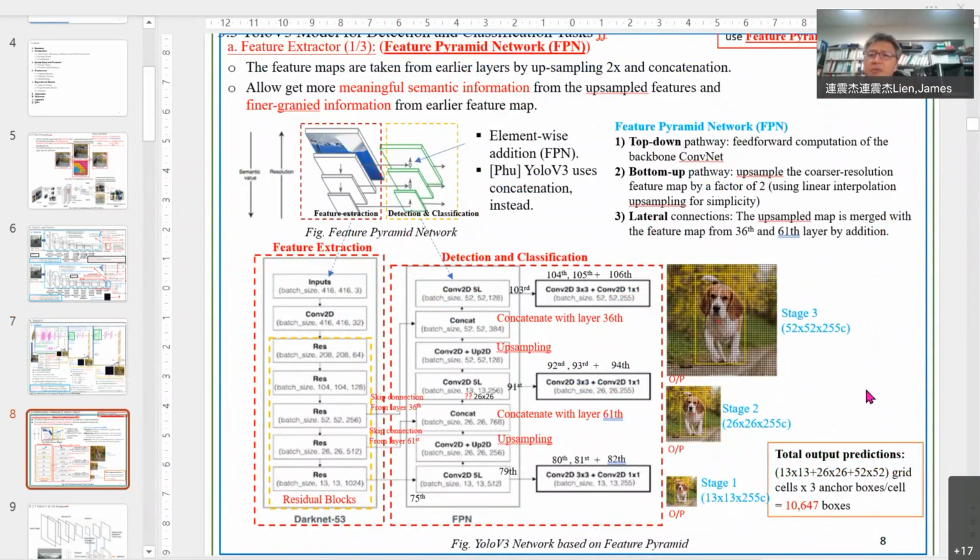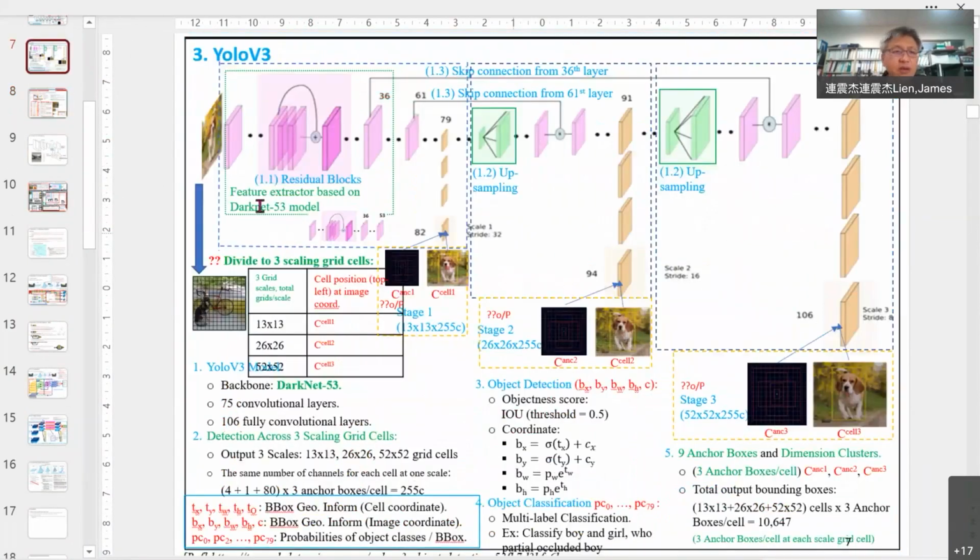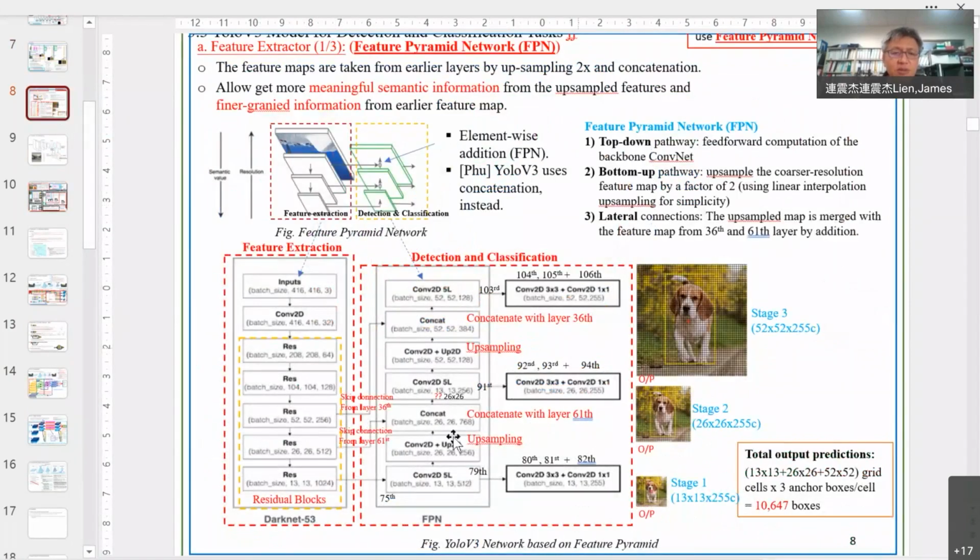Cannot go up. So if we draw this, it's just a different drawing. This is the way they draw it in the paper, but actually this is the same as this one. And let's check RetinaNet.